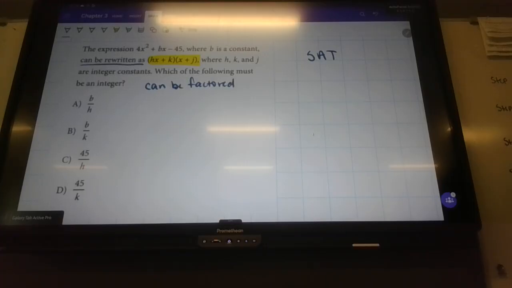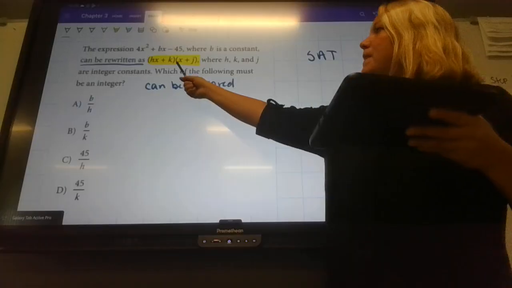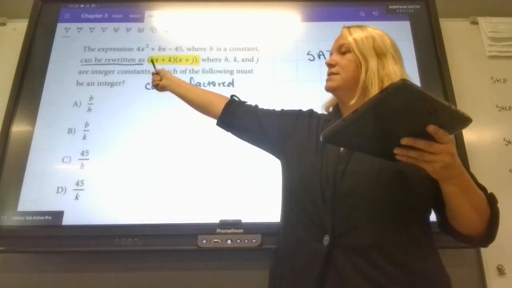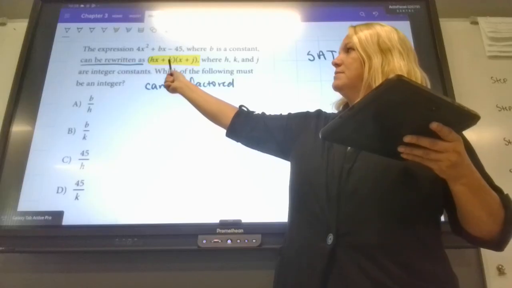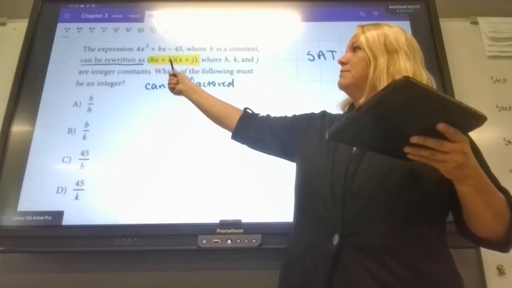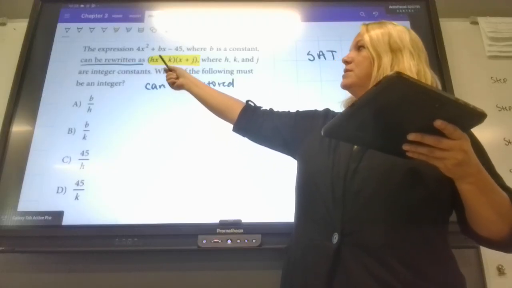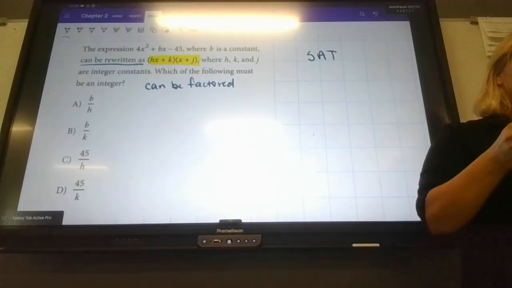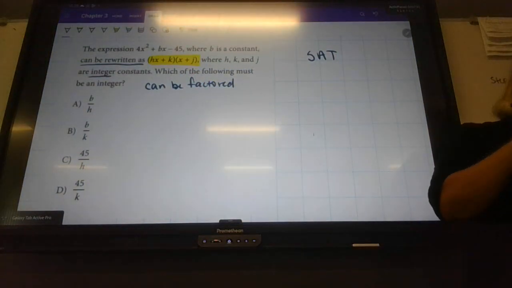Another thing they're telling you with all these letters is that they're different. So this number is not the same as this one. This one is not the same as this one. If J and K were the same, it would say K and K. So the reason there are 3 different letters here is because they're 3 different numbers. And it says they're integer constants. We did talk about this word integer.